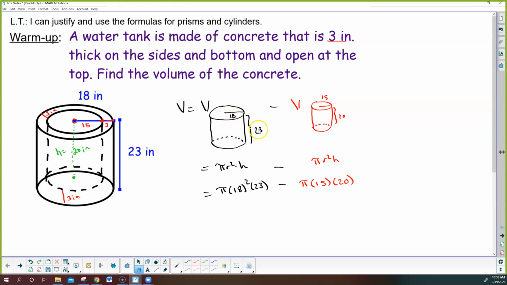So I'll just show you that. But what do I know? I know the radius and the height. So that's the area of the base times the height. That's the volume. So I'm just going to do 18 squared times 23. And I get 7,452 pi. That's the exact volume of the big cylinder. And then the other one is 15 times 20. Oh, I forgot to square it.